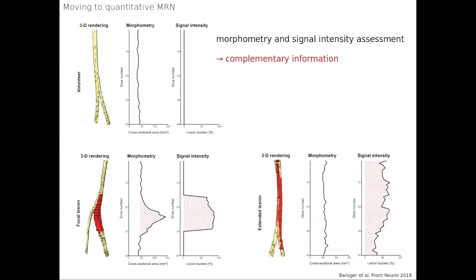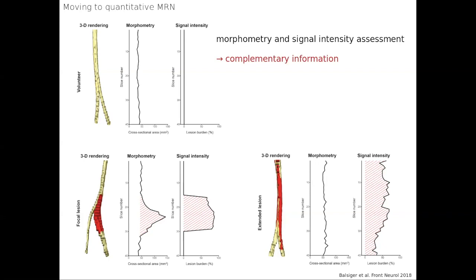For instance, if you look at the top, you have the 3D rendering and the morphometry and the signal intensity along the proximal distal aspects of a sciatic nerve in a healthy subject, and you see that the cross-sectional area remains more or less the same in this segment.